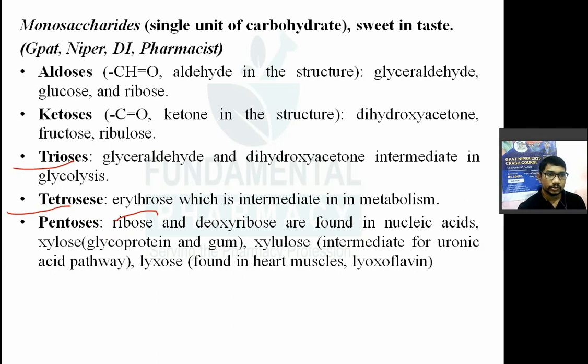Pentoses will have five carbon atoms. An example is ribose; ribose sugar is a pentose sugar, a five carbon atom containing sugar. Then deoxyribose. Ribose and deoxyribose both are pentose sugars. You might have seen that ribose and deoxyribose are found in the structure of nucleic acids, DNA and RNA. In DNA, deoxyribose sugar is there; in RNA, ribose sugar is there. All these sugars are nothing but pentoses, five carbon atom containing sugars.